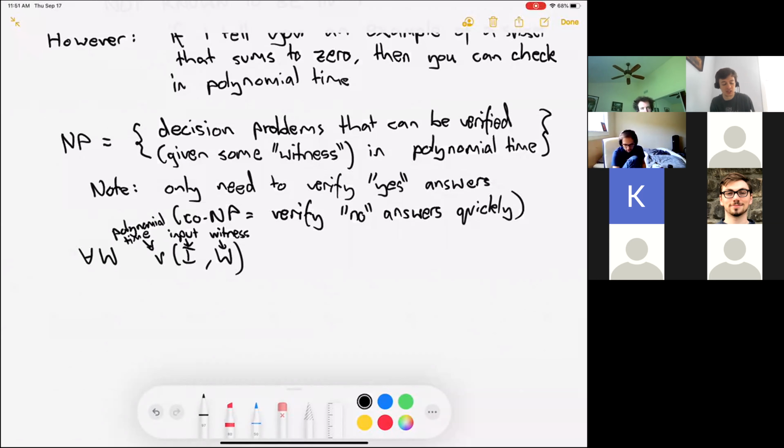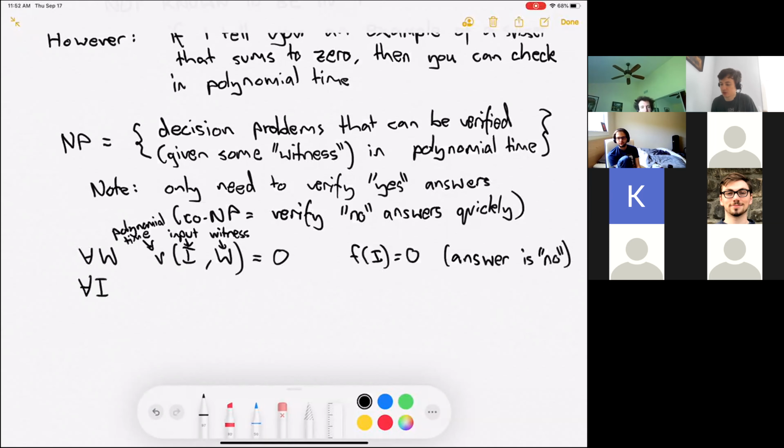Okay, and this V is going to say whether the witness is sufficient to prove that the input evaluates to yes. So in particular, you want that for any witness W, if the actual answer was no, i.e. if f(x) equals 0, there's no subset that adds up to 0, then for any witness, this verifier will give the answer of no, the witness does not prove that the input evaluates to yes. You want this verifier to be impossible to trick, but you also want it to have some witness that it trusts for any input.